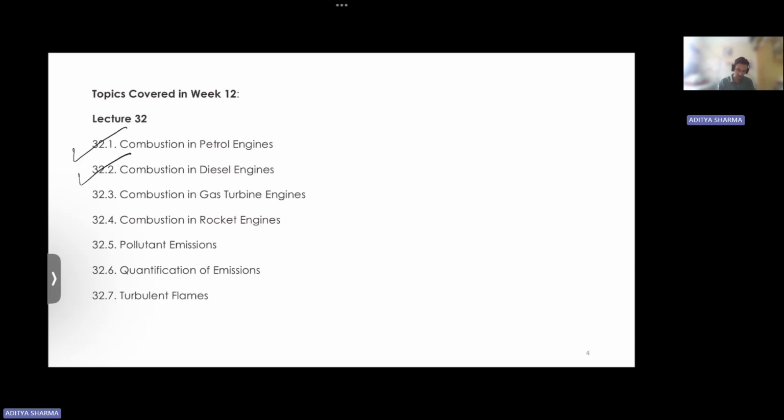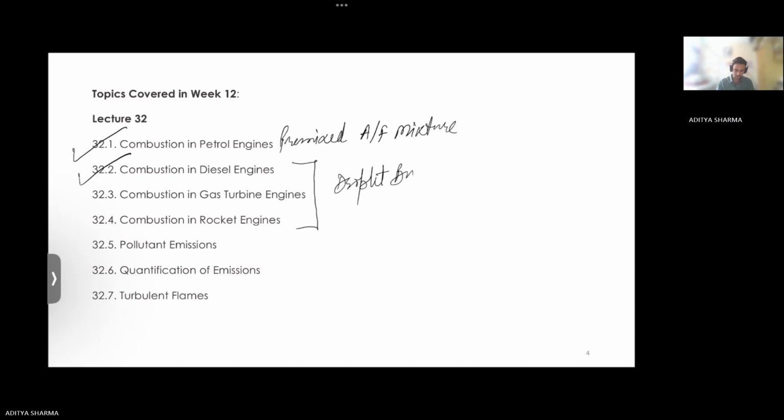So in petrol engines, a premixed air fuel mixture is used. But in these, droplet burning comes into picture.